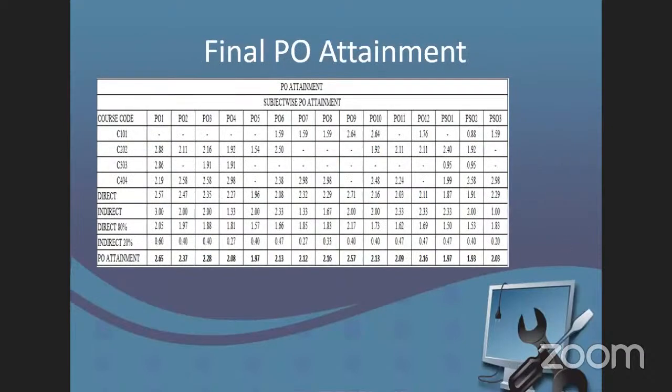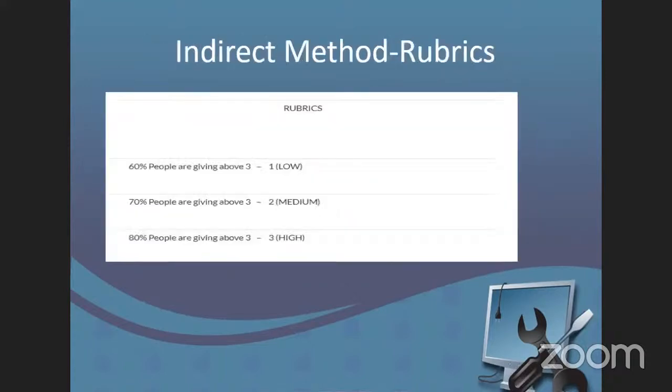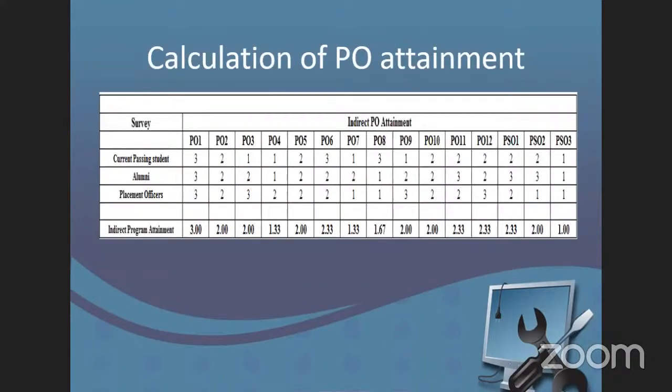Then finally, for all the subjects, this is the PO attainment for the program, right? For the program, if I have 64 subjects, I should have all the 64 subjects here in this Excel. Right now for the sample, I have given 4 subjects. So for C101, what is the PO attainment? Where have I taken the PO attainment from? This is the indirect program attainment.